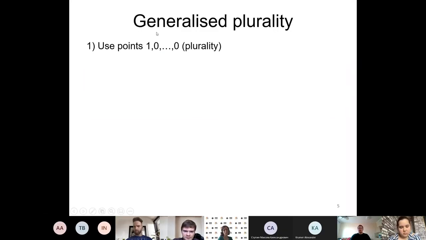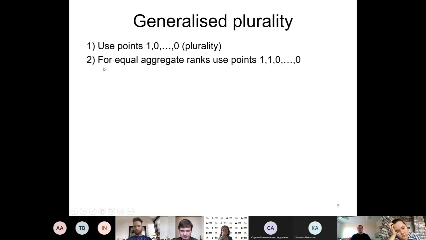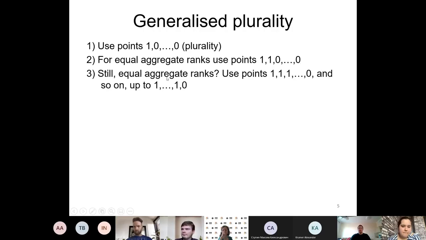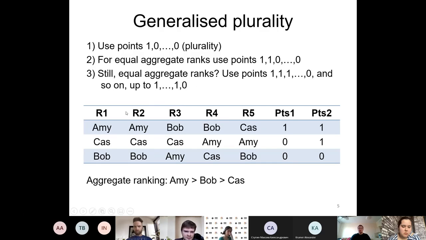Generalized plurality is just a refinement of plurality because it uses the same scores as plurality in the first round. But then in the second round, it uses a scoring vector starting with 1, 1, and then all other scores 0. And so on, until in the last round, if needed, all scores except the last score are 1. In our example, in the first round, Amy has 2 points, Bob has 2 points, and Cass 1 point.